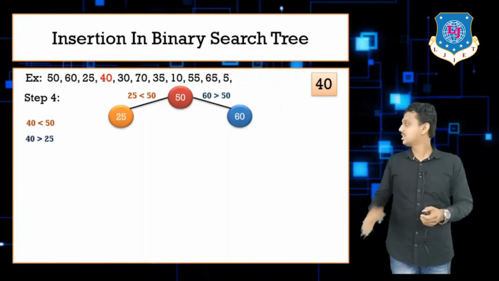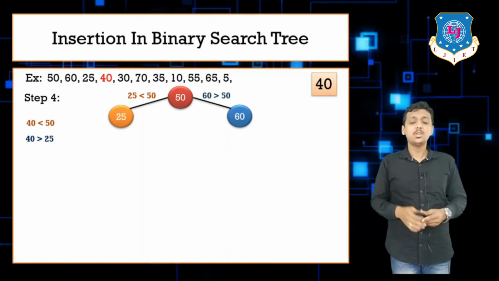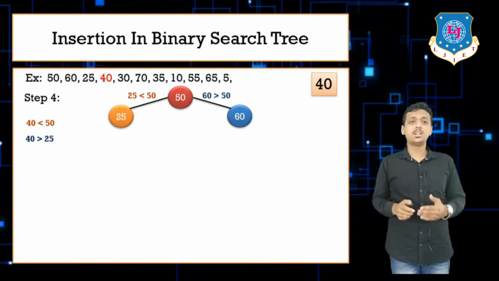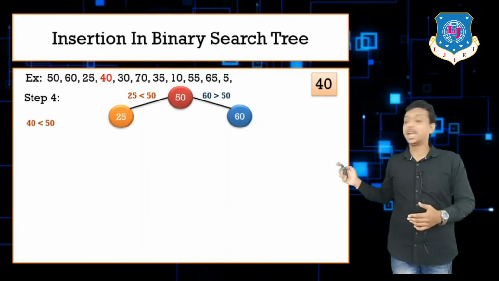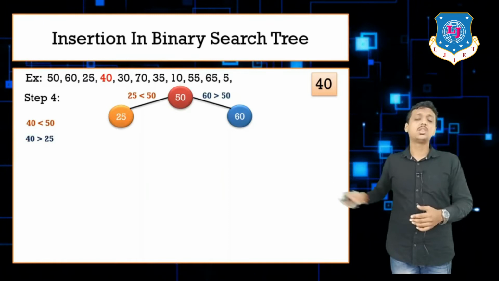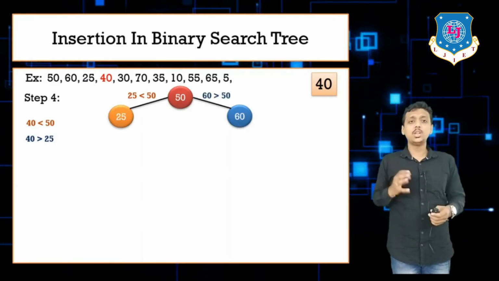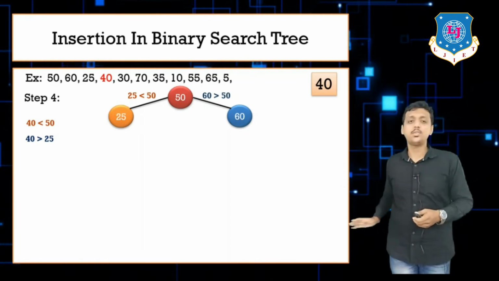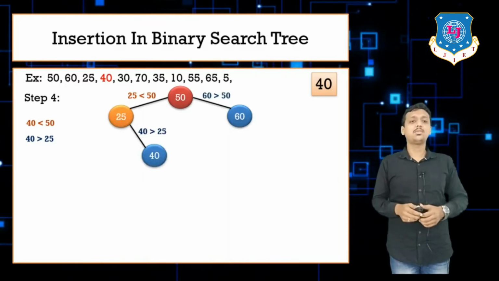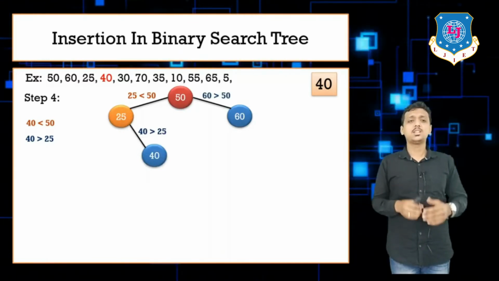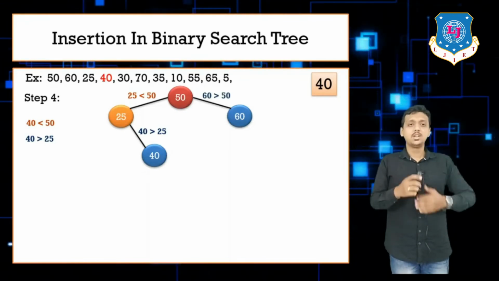So again, compare 40 with 25. First we compared 40 with 50 and then 40 with 25. 40 is greater than 25, so we need to insert 40 on the right side of 25. Okay, so let's move further.